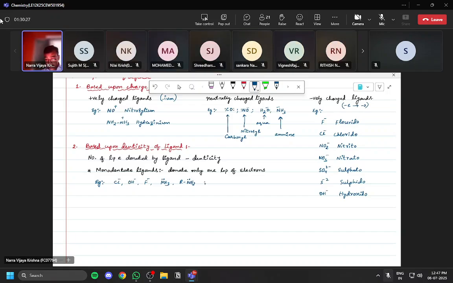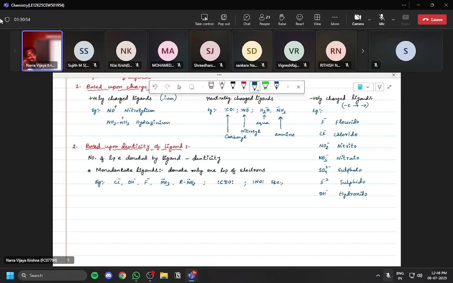Carbon monoxide will donate only one lone pair. Nitric oxide also will donate only one lone pair. Even though they have more lone pairs, they donate only one lone pair. That's why they are called monodentate.